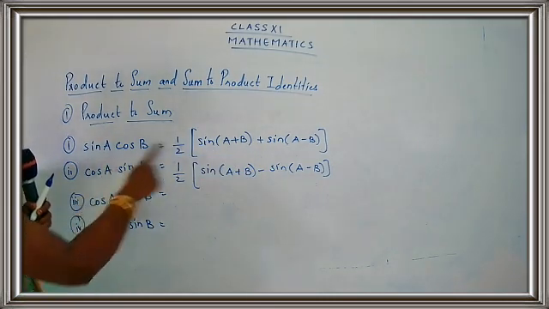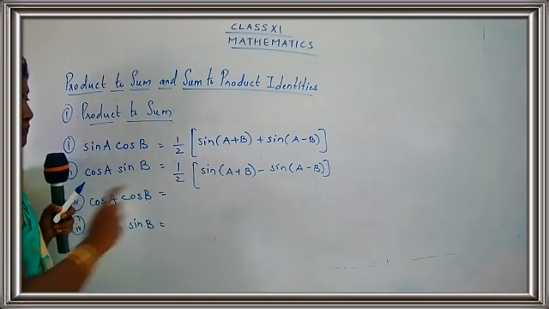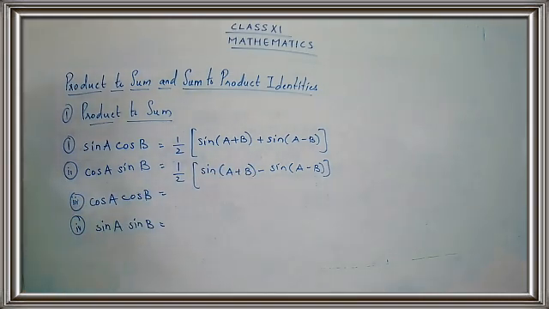If you have cos first, you put a minus sign. So what is the formula for sin A cos B? Sin A cos B is equal to half of sin A plus B plus sin A minus B. And what is the formula for cos A sin B? It's half of sin A plus B minus sin A minus B.